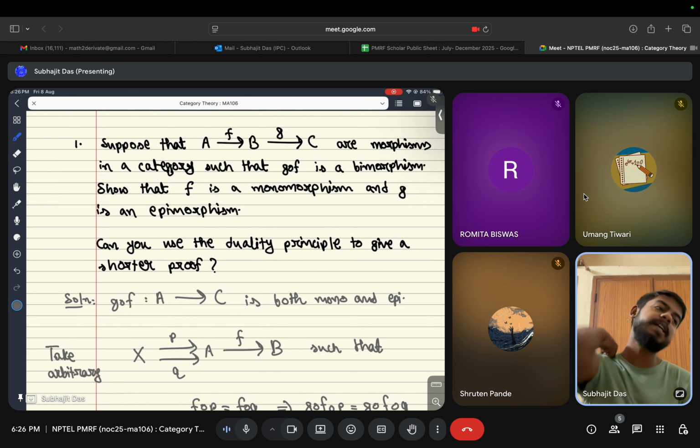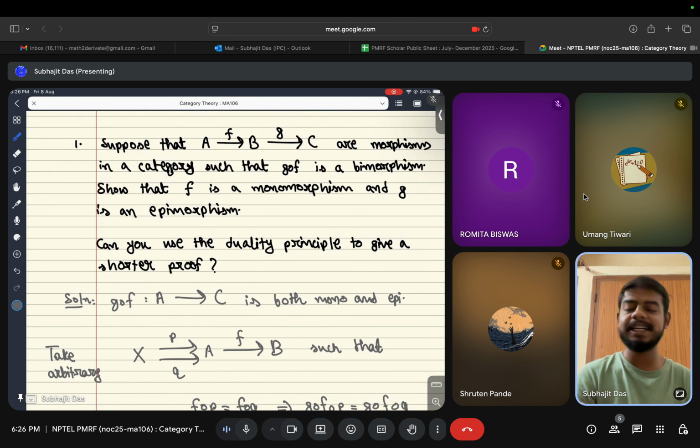So you know what the duality principle says, right? It says that if a certain category C has a particular property, a property which can be expressed category theoretically, in terms of objects and arrows, that's all. Syntactically speaking, just in terms of these two symbols. That is what a statement is.